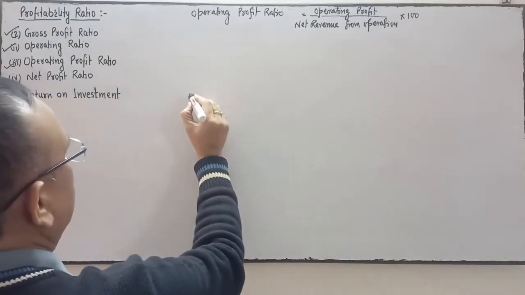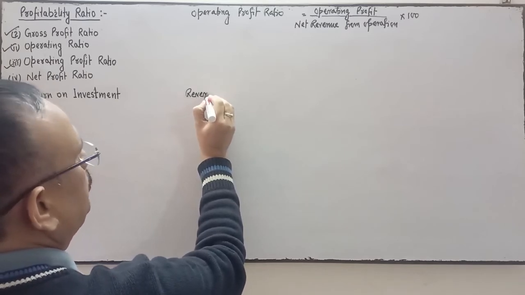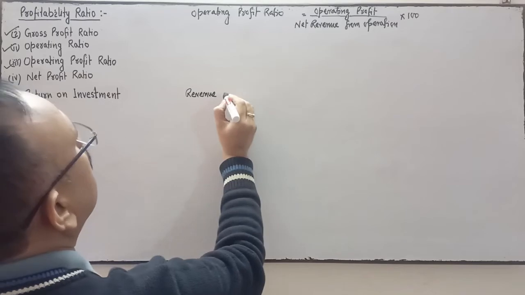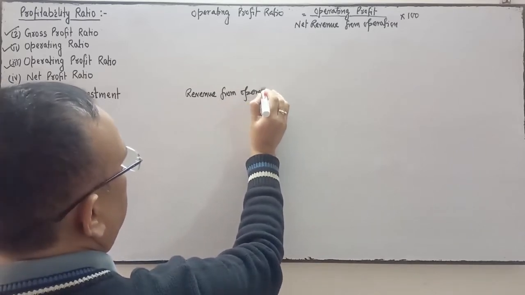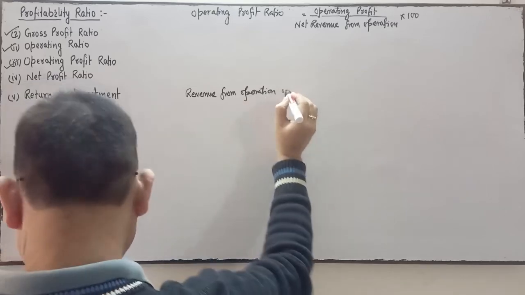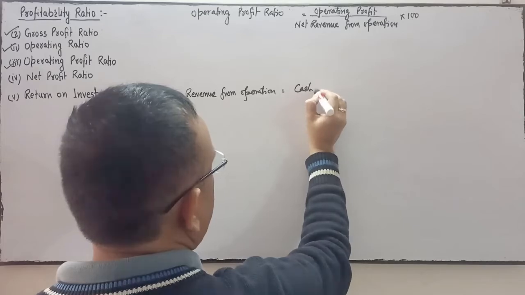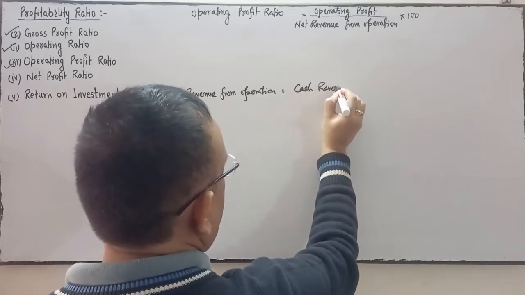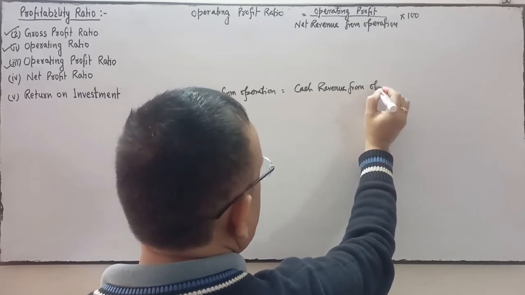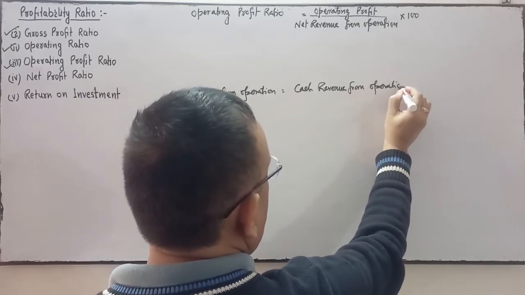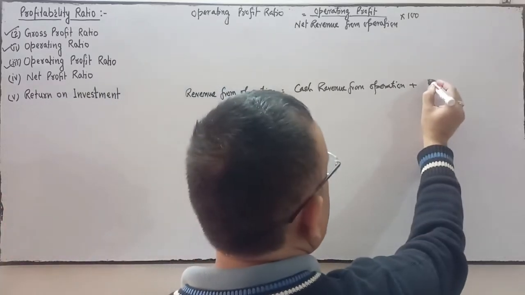So net revenue from operation is equal to revenue from operation, which is equal to cash revenue from operation, that is cash sales, plus credit revenue from operation, credit sales.